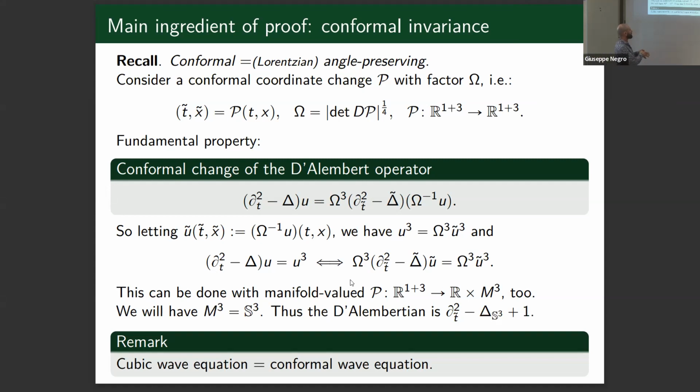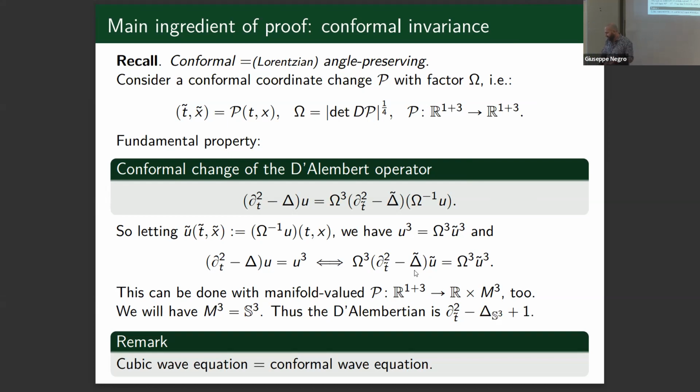And now I'm going to do this with another conformal map that is not valued in R^{1+3}, but is manifold valued. You can do this the same. There is only a caveat. When you put a manifold here and not the flat space, this Laplacian needs to be changed. This is something I'm not going to explain, because I would have to start mumbling about scalar curvature and stuff like that, and I don't want to do this.